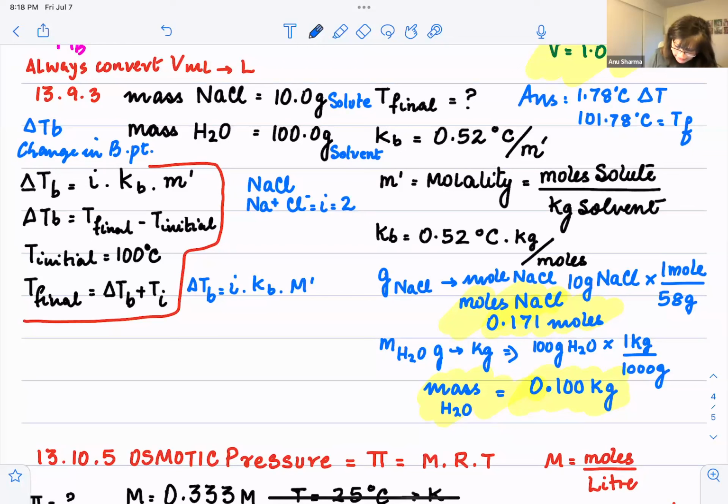So delta TB is equal to 2 times 0.52 degrees Celsius per degree Celsius times kilograms per mole, times now m. m is the number of moles of the solute over kilograms of the solvent. So moles of the solute is 0.171 moles, and that is for NaCl.